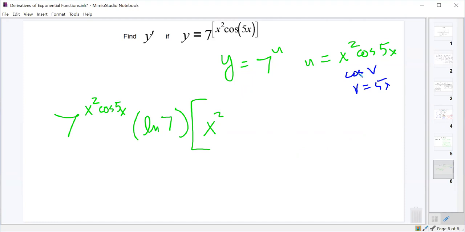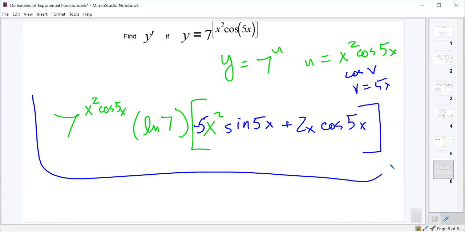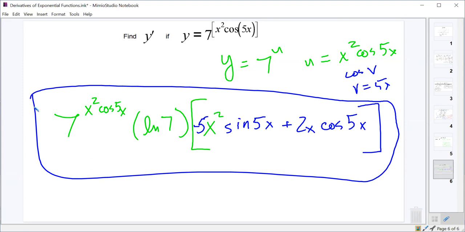And so the derivative of cosine is negative sine of v, so negative sine of 5x. And we'll throw that 5 in from the derivative of v, negative 5x squared sine 5x. And then plus 2x, the derivative of x squared, cosine 5x. And that's the derivative. Long and a little bit of a pain, but not too terrible, hopefully.